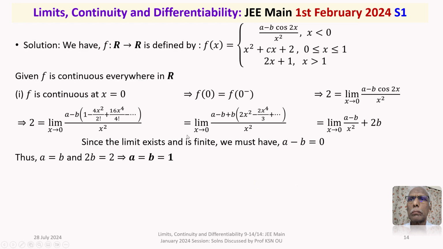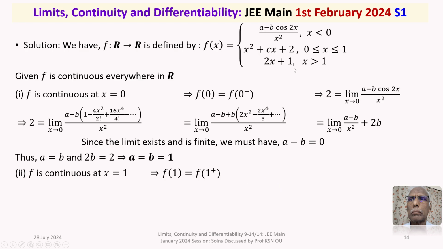We have used the fact that f is continuous everywhere in R. Second, f is continuous at x is equal to 1. Therefore, at x is equal to 1, f of 1 is defined. F of 1 is equal to the limit of f as x tends to 1 from the right, that is f of 1 plus.